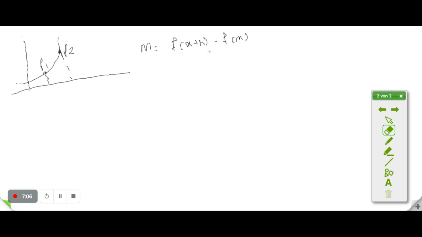I'm going to draw this graph here, and I'm going to draw those 2 points. So this is P2, this is P1, and we know that the slope is f of x plus h minus f of x upon h. This was the slope, right?